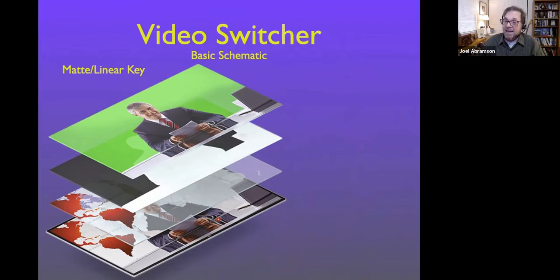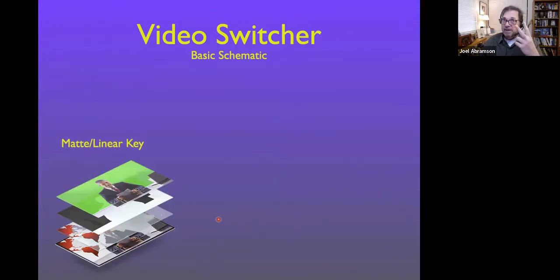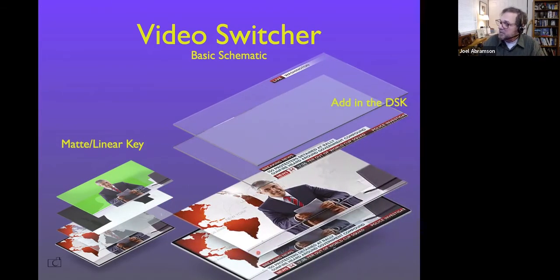And then to add to this, we're going to add a couple of levels of downstream key. So we've got a crawl going here on the downstream key, and then we've also got our little bug that has our logo or something like that in an additional downstream key. So this one has 2 levels of downstream key in it.